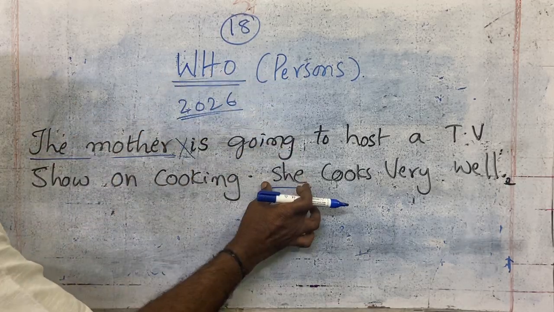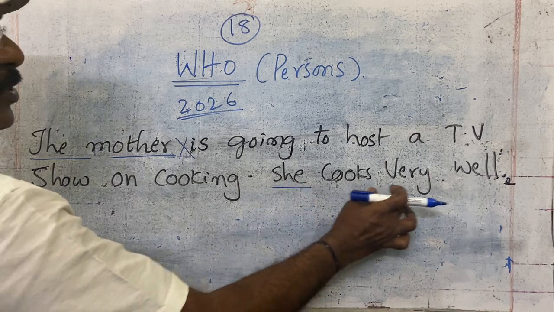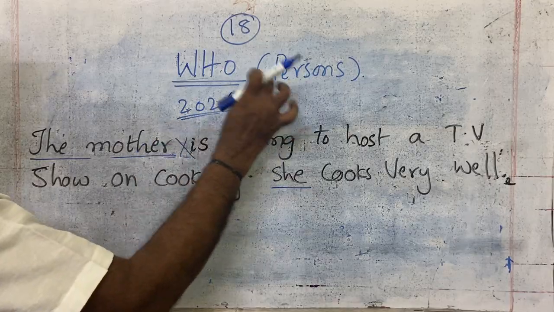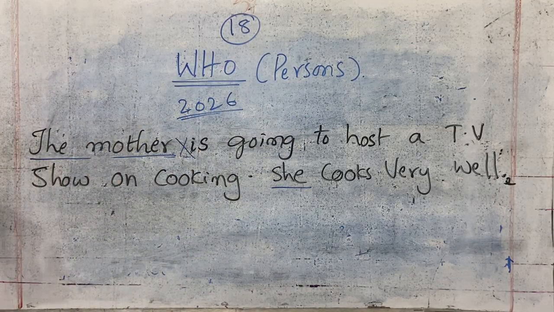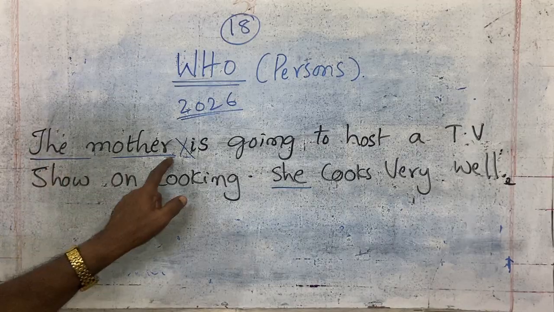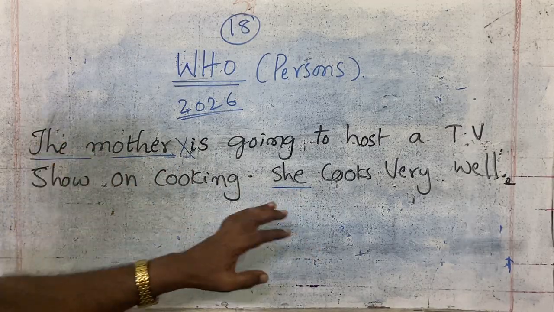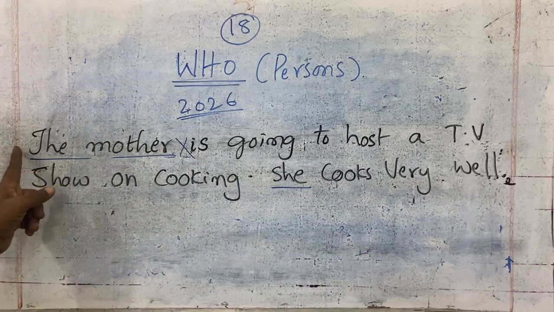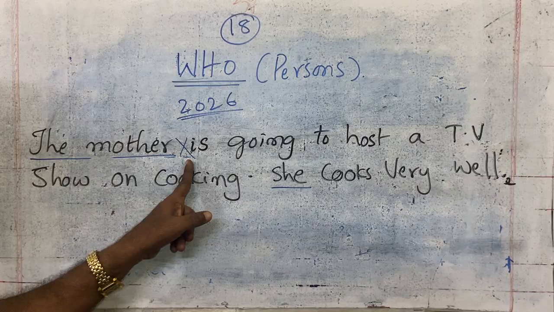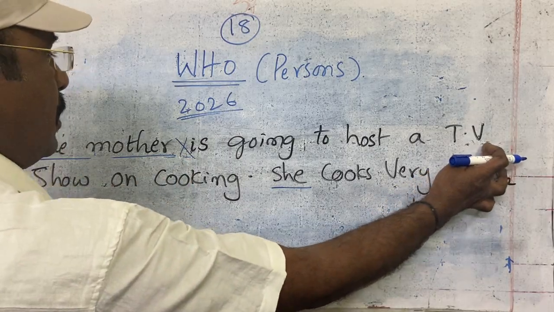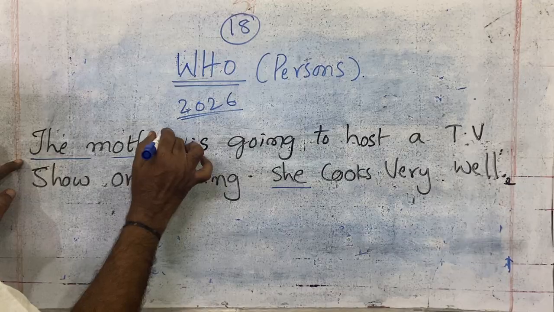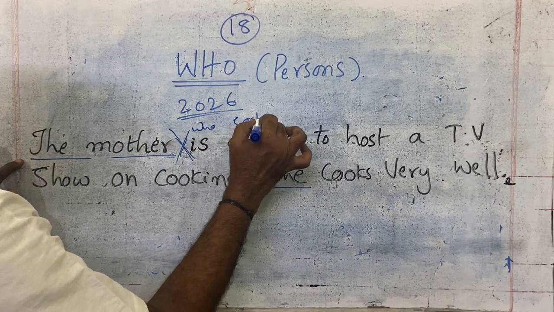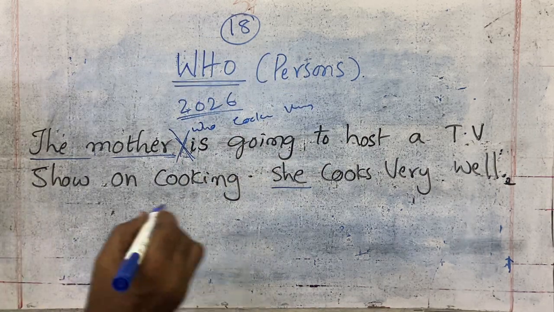So, who cooks very well. It is said already that when the subject is the same, almost 99% we have to take the relative clause after the subject in the first sentence.